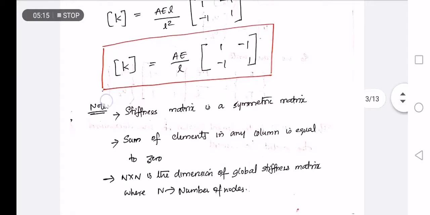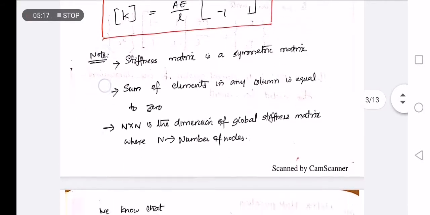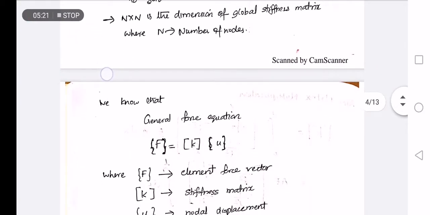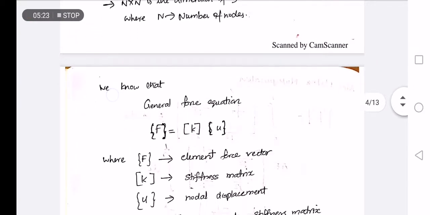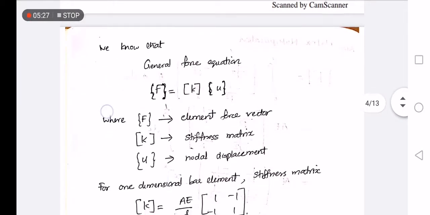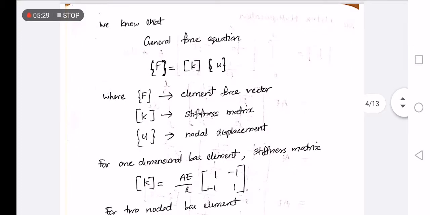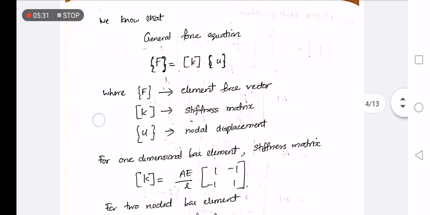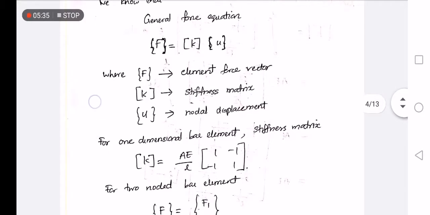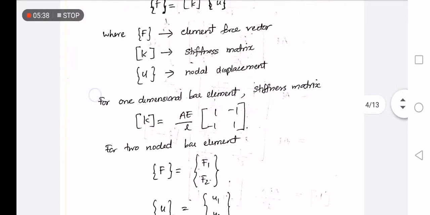We will see this point later, and we know that the general force equation is F is equal to K into U, where F is the force vector, K is the stiffness matrix, and U is the nodal displacement. Okay. For one dimensional bar element, the stiffness matrix we have already derived, K is equal to AE by L into the matrix of 1, minus 1, minus 1, 1.